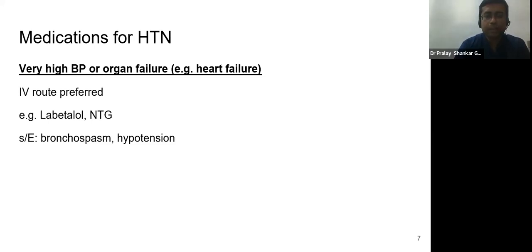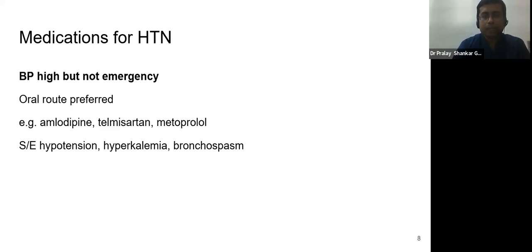And if you use labetalol as treatment medicine, then the side effect is bronchospasm. But if a patient is having high blood pressure but not in an emergency situation, then the oral route is usually preferred. The usual medicines are amlodipine, telmisartan, and metoprolol. Again, in excessive dose, they can cause hypotension. Telmisartan can cause hyperkalemia, and the beta blocker metoprolol can cause bronchospasm.